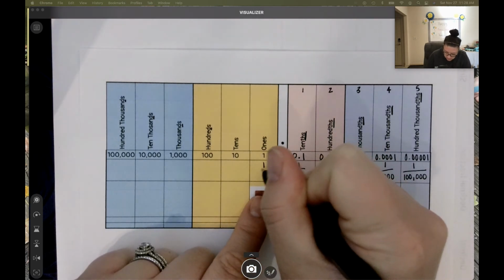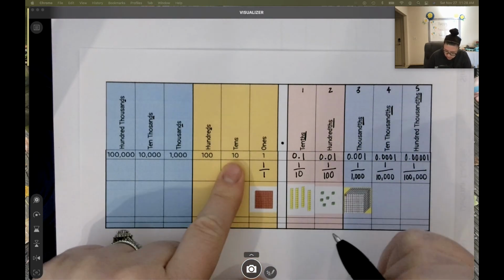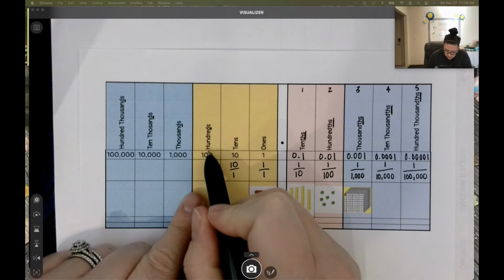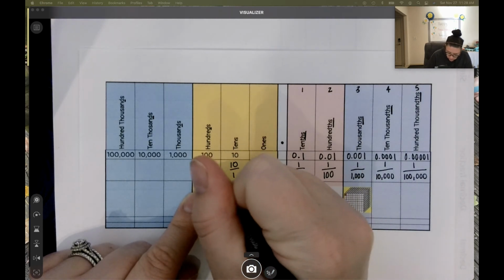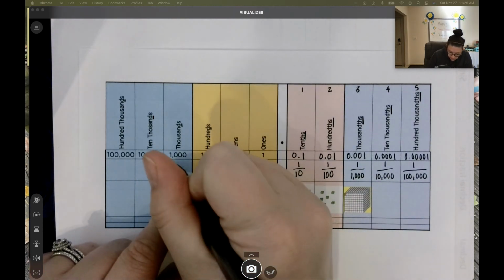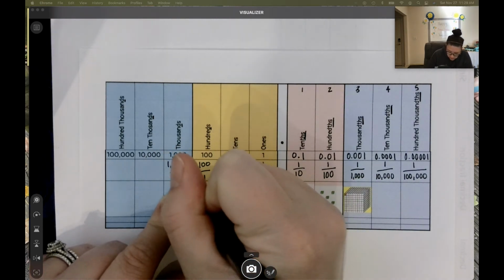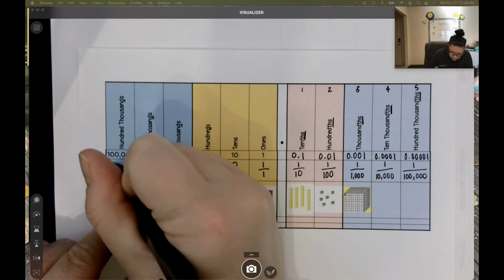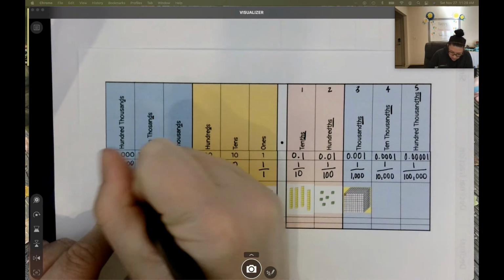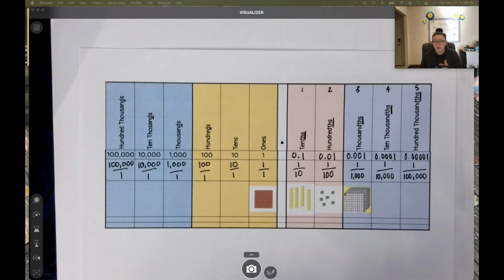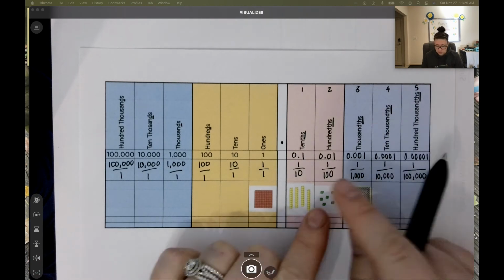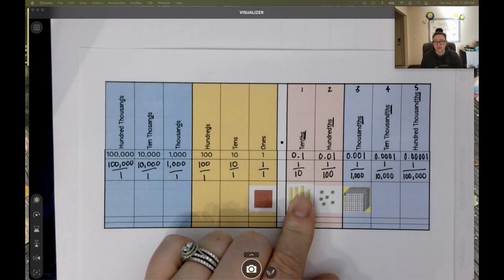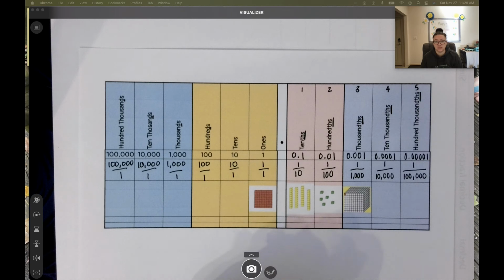So 1 as a fraction would be 1/1. 10 as a fraction would be 10/1. 100 would be 100/1. 1,000 would be 1,000/1. 10,000/1. 100,000/1. Putting a number over 1 makes it a fraction. But if it's a decimal, if it's a part of a whole, then you can make fractions that way too using place value. And we'll talk more about that.